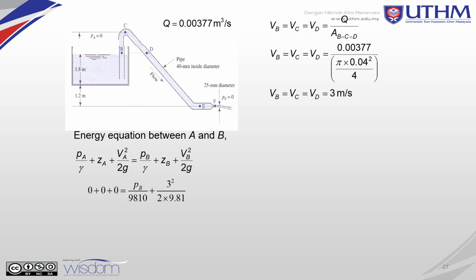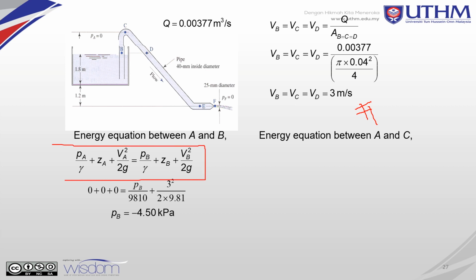So we know that VB is equal to VC is equal to VD, and the velocity is this value. Using this equation, the energy equation between A and B, you use the Bernoulli equation from point A to point B here.